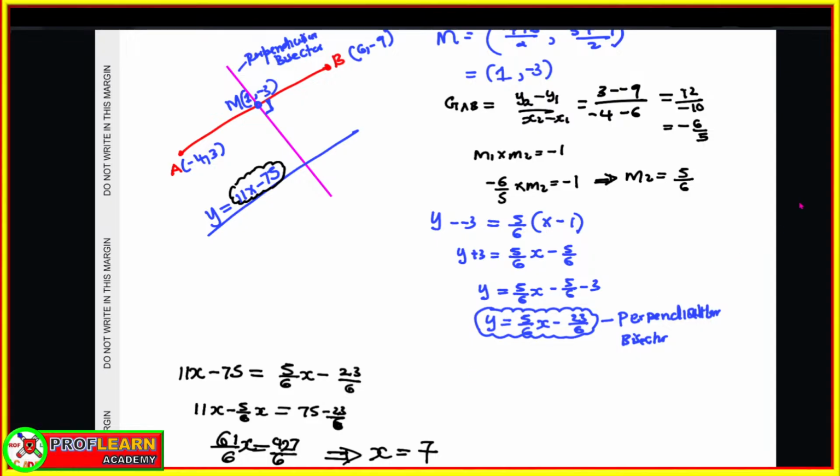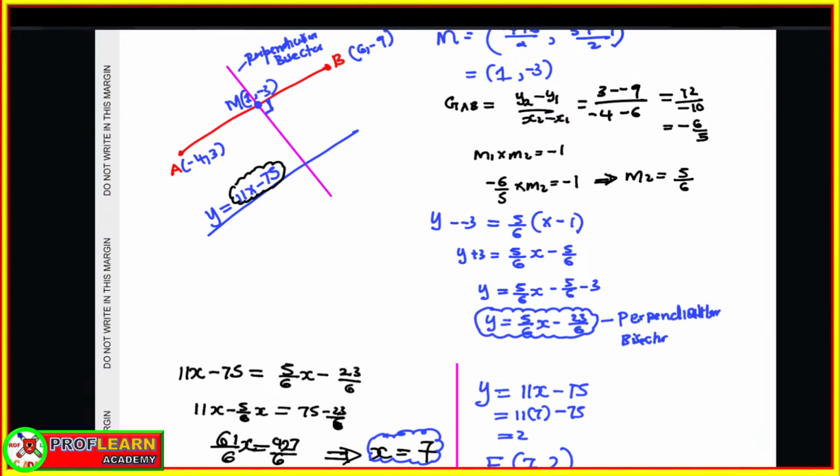Then if we want to find the value of y, we substitute into any of the equations. So y is equal to 11x minus 75, which is 11 times 7 minus 75, and that is 2. So the coordinate E is going to be 7, 2 as the final answer for that particular question.